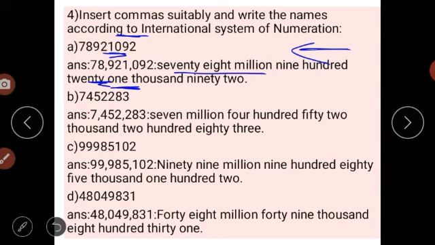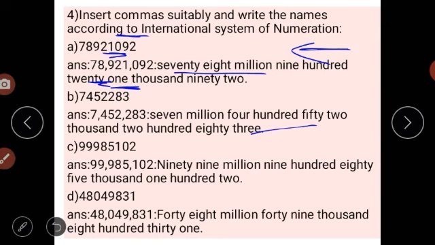So we will write 7 before the comma. Here we are using 2 commas, one for showing the value for 1000 and one for showing the value for million. So what does our number become? 7,452,283. Okay.